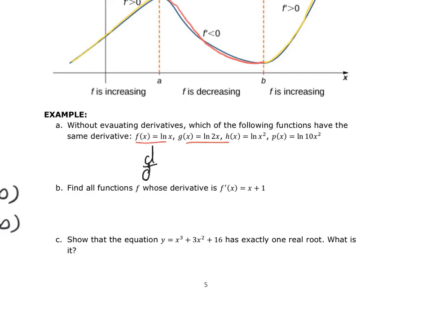So d/dx of the natural log of x will give me the same derivative as d/dx of the natural log of 2x. Because when I do the derivative of 2x, that's 2, which means that those two will end up being the same. Same thing is true here, all that constant does is act as a multiplier.